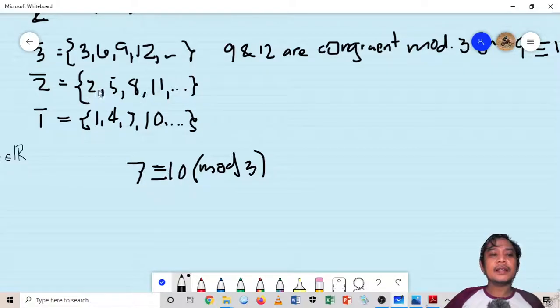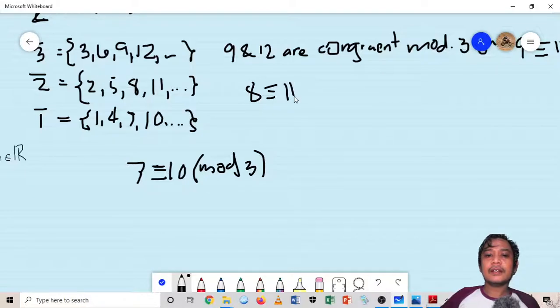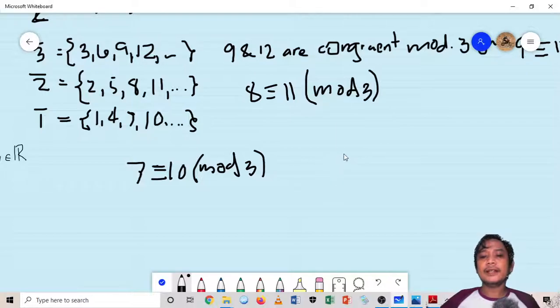Okay? 8 and 11 are congruent modulo 3. 8 is congruent to 11 modulo 3.